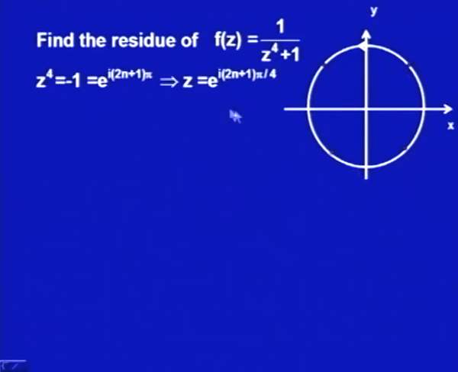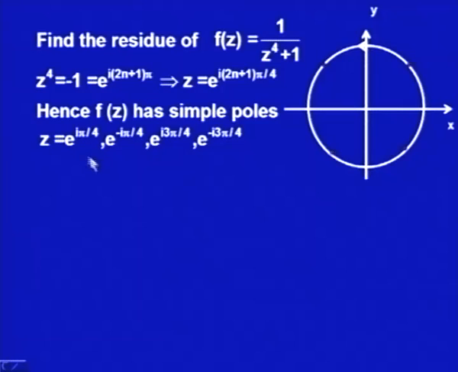Since it is a polynomial of degree 4, it will have only 4 zeros. Those 4 zeros are e to the power i pi by 4, e to the power minus i pi by 4, e to the power i 3 pi by 4, e to the power minus i 3 pi by 4. All these zeros are simple zeros, so f(z) would have simple poles at these points.